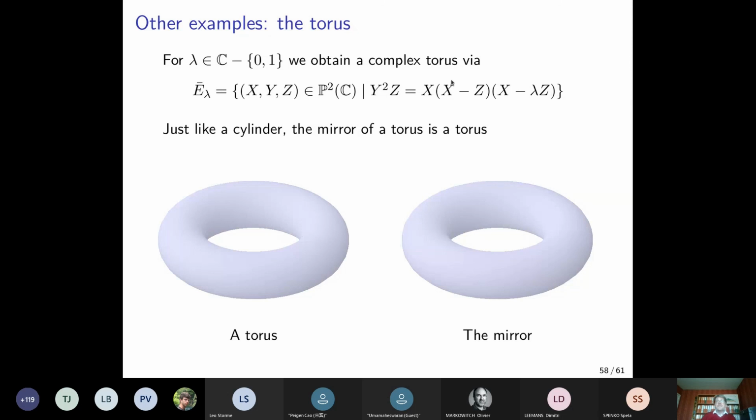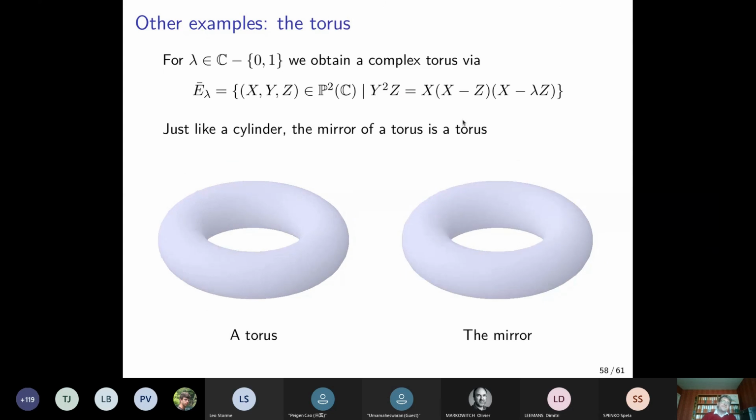So for the non-mathematicians, this is how it works. And then this E bar lambda is a torus. And it turns out that just like the cylinder, its mirror is given by the same real space, namely also a torus.